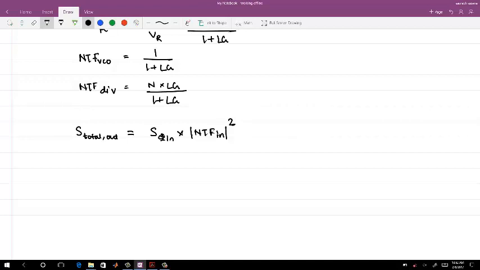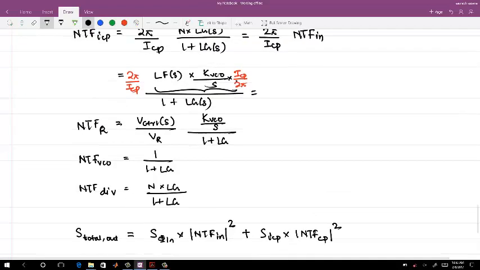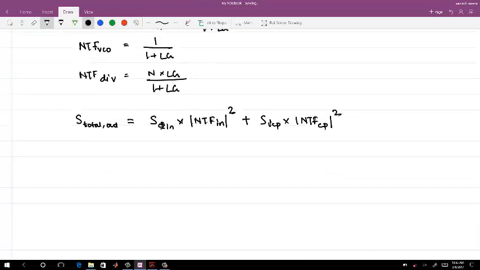As well, in terms of power, NTF is just a transfer function, so it will be squared. Now S of ICP times NTF of charge pump squared. I write ICP, okay. We can change it to CP in some, let me just say that is better.